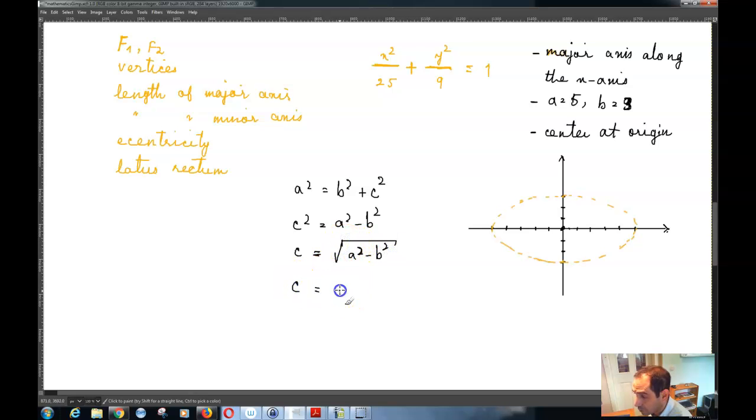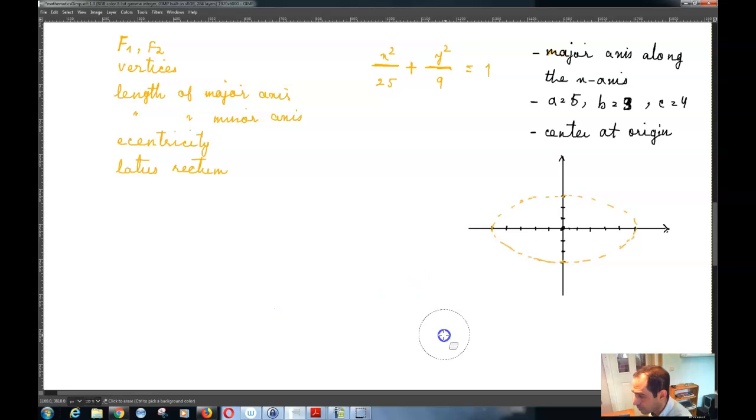So your c is equal to the square root of 25 minus 9, and that is the square root of 16, which is equal to 4. So your c is equal to 4.